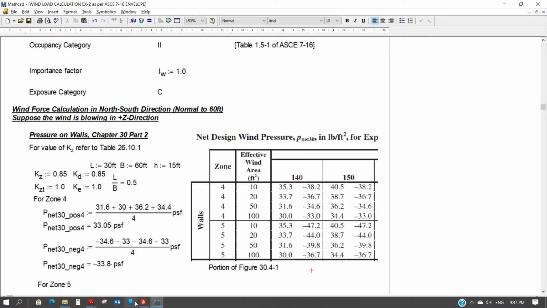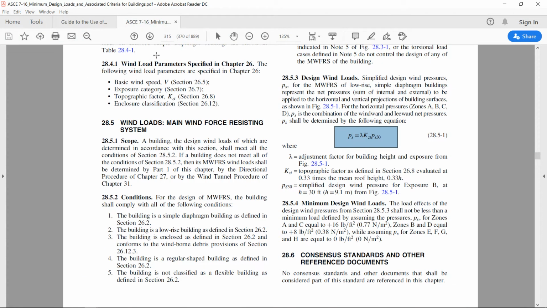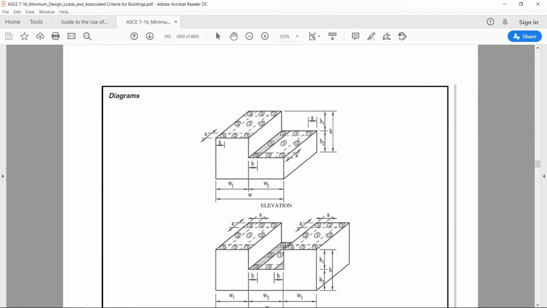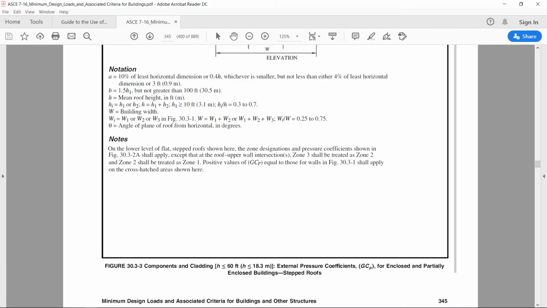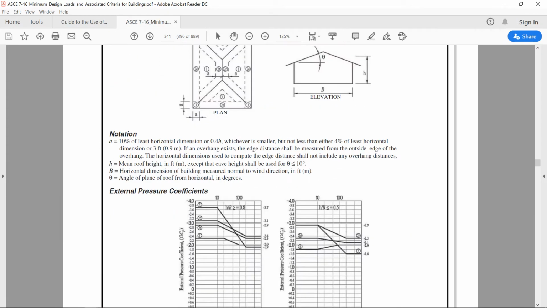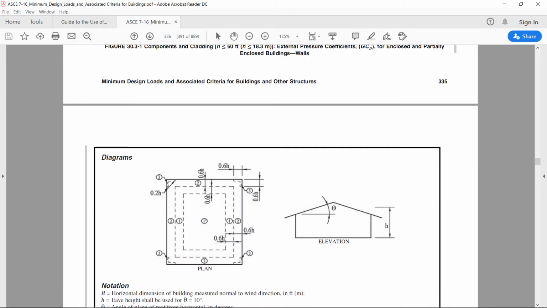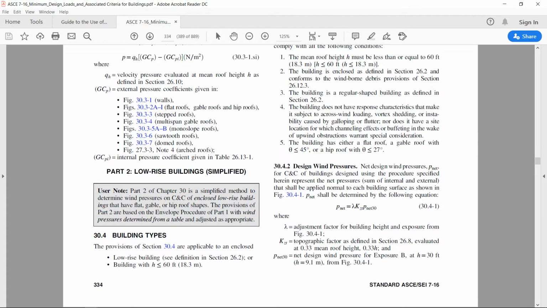So let me show you chapter 30. As you know, chapter 30 is specifically used to calculate the wind load on components and cladding. Now here is part 2, low-rise building. This is the simplified procedure.